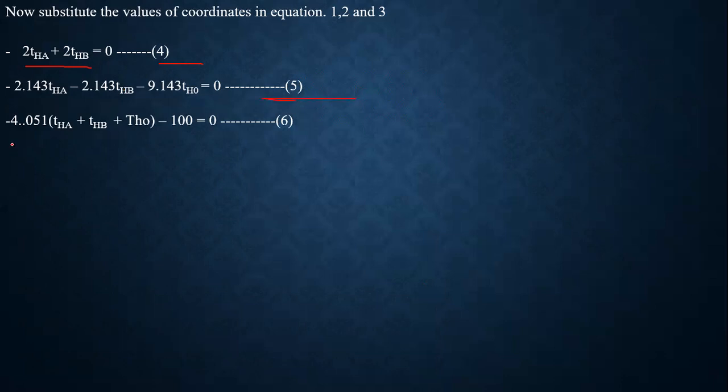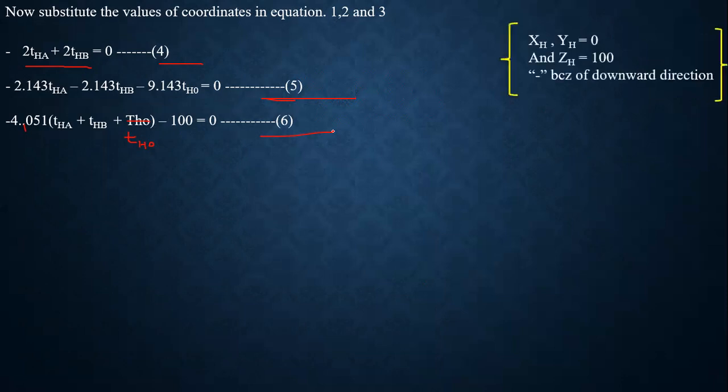And for equation number 6, 4.051 bracket THA plus THB plus THO minus 100 equal to 0.